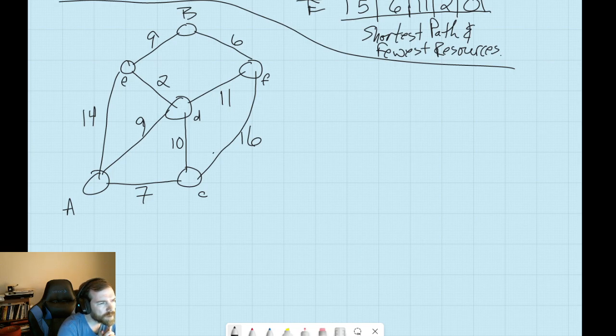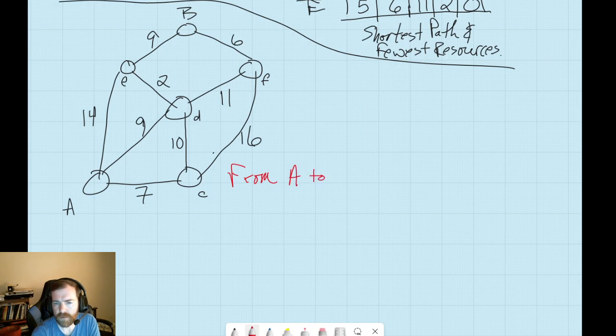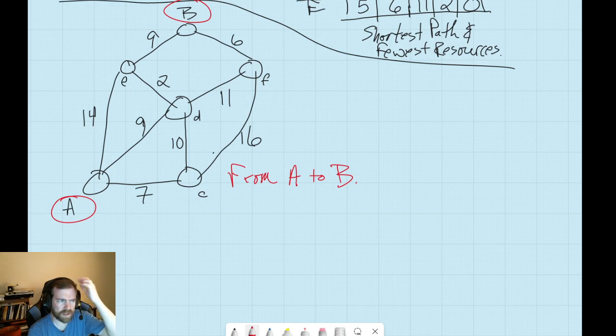Okay, pick unvisited vertex with the lowest distance. So it's going to look at all of the, again, we want to go from A to B. We want to find the lowest distance that it's going to take to get through this.